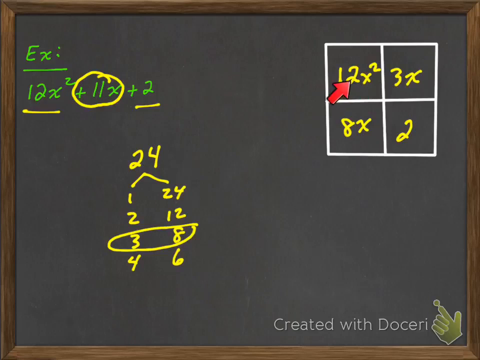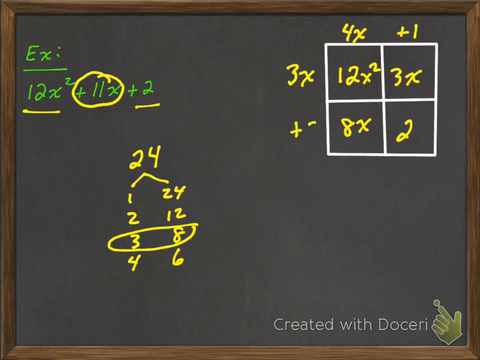So now take a GCF out of the top row. That's going to be 3x. Now the multiplication table. 3x times what will give us this? We got a 4x. 3x times what will give us 3x? That will be a positive 1. And then what number times 4x will give us 8x?